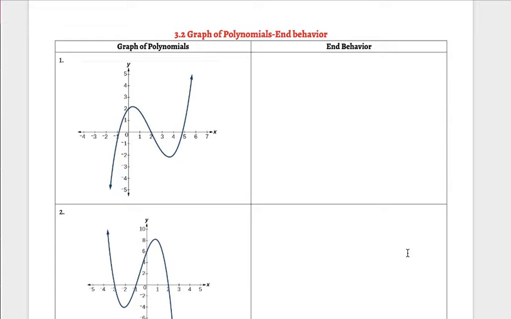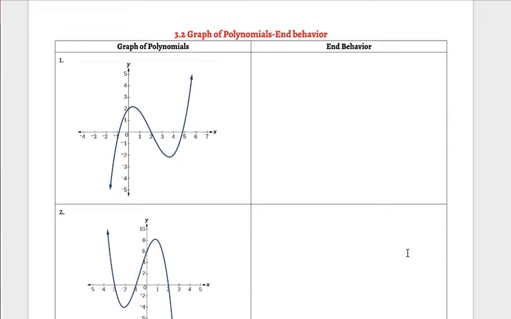Yesterday we had a very brief introduction about end behavior, and today I want to continue this conversation and see how we actually analyze the end behavior for any polynomial. And in the next lesson, we are going to discuss the patterns we can use when we don't have the graph of the polynomial, so we can also analyze the end behavior that way. So let's focus on today's lesson.